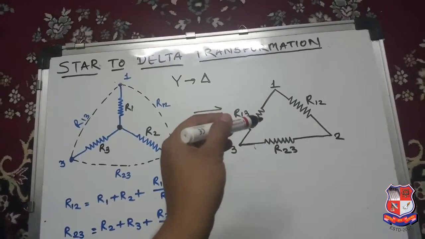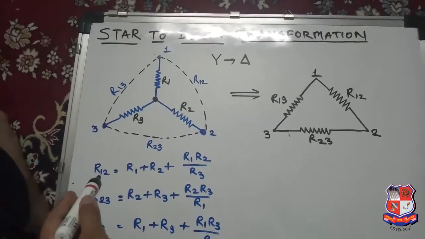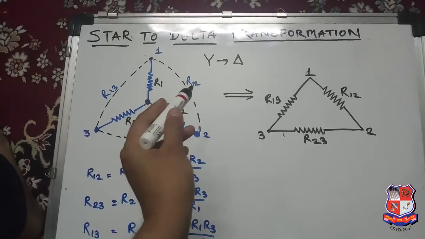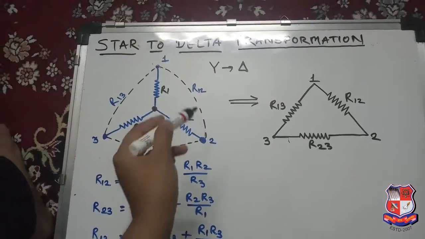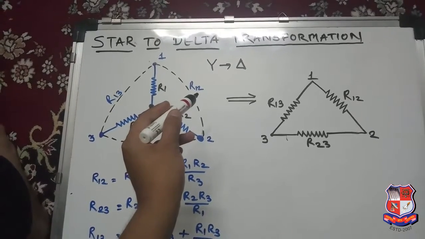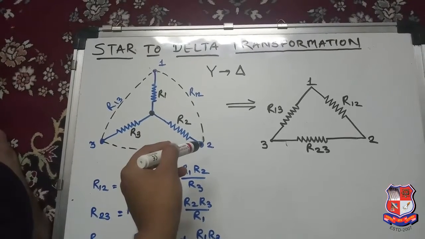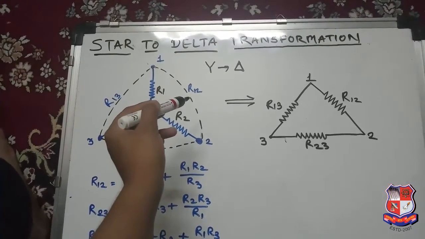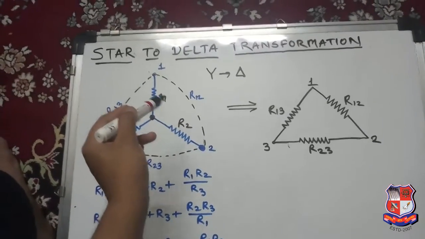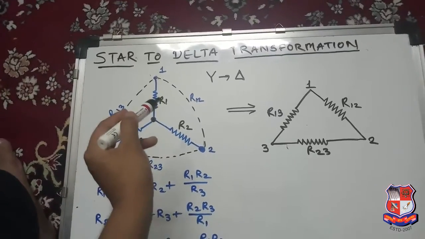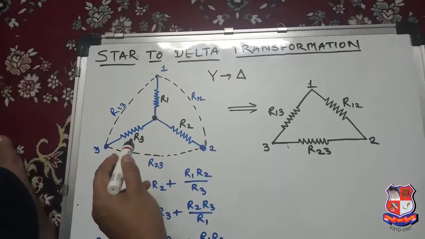Now how can you find the values of the delta connection resistances? Now see, R12 is the resistance of the link resulting from the connection of 1 and 2. So how will we get R12? R12 means we connect the resistances R1 and R2 from outside, and the link we get has a resistance. So R12 is the algebraic sum of R1 and R2 plus the multiplication of both resistances, divided by the resistance of its opposite branch.